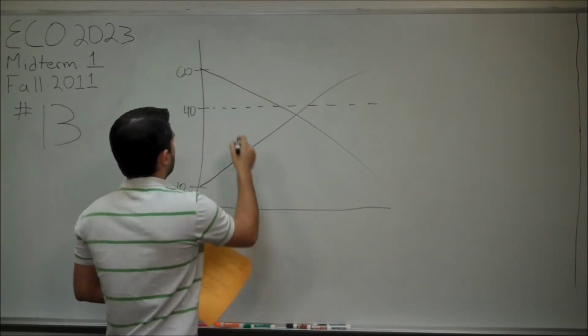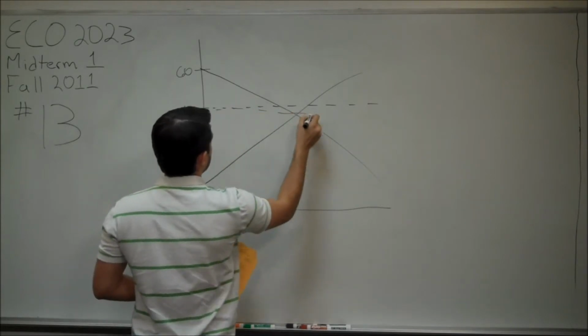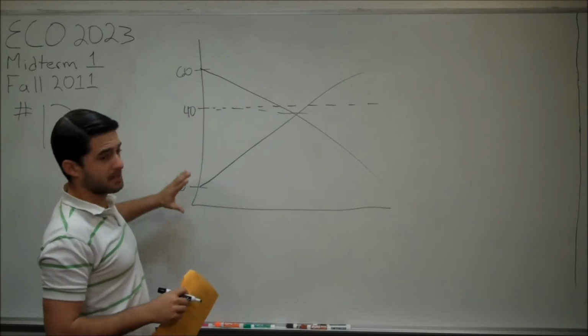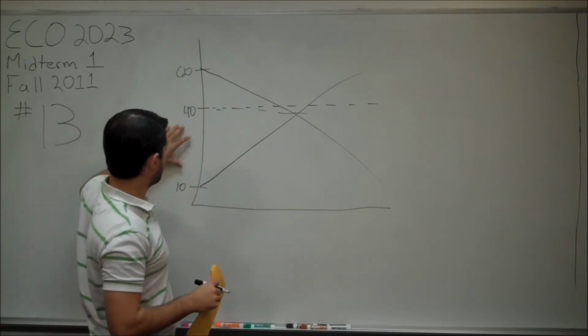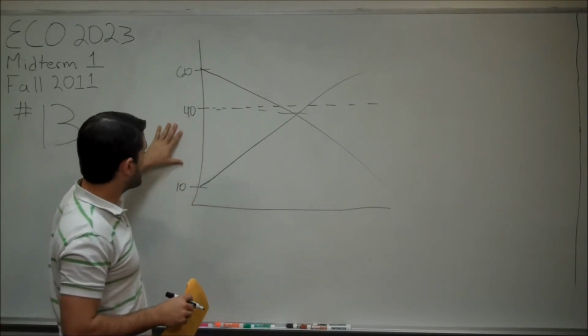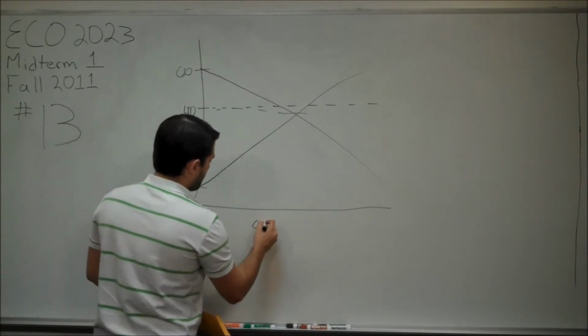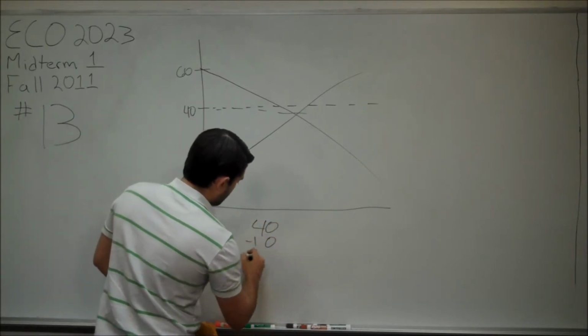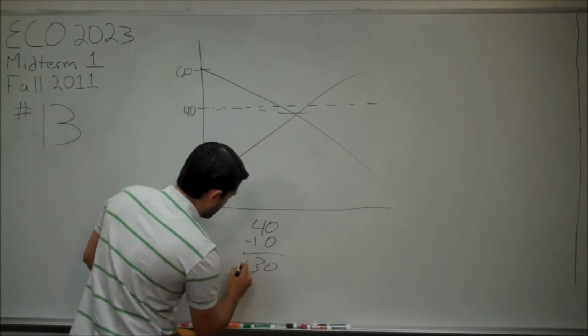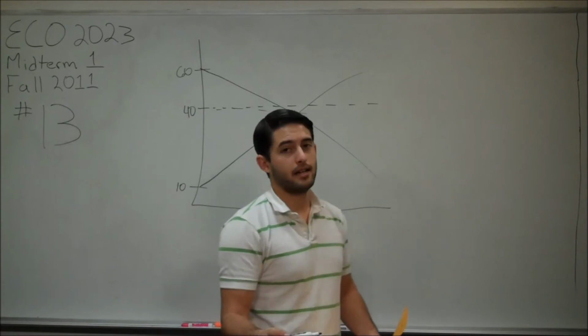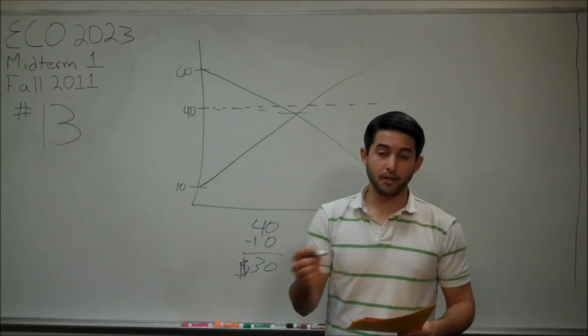We remember that this whole area is the producer surplus, so the graph makes it a little bit easier to visualize. But basically all you really have to do in this case is subtract 10 from 40, and that is the producer surplus for that next item, another purse.